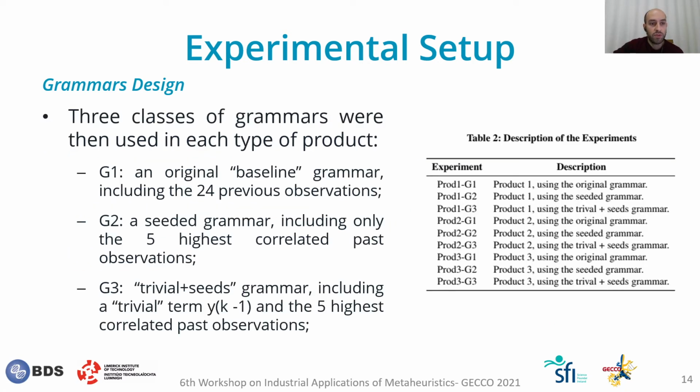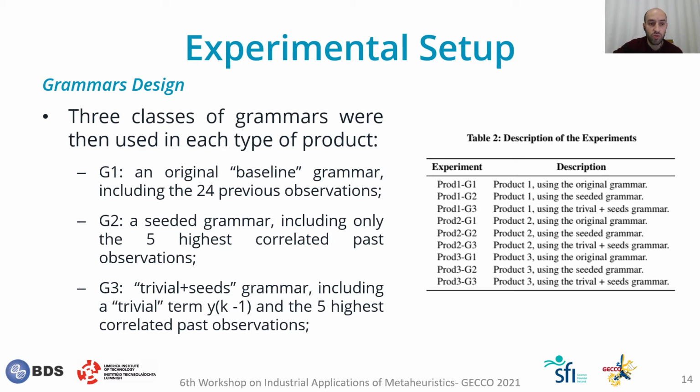So basically we had 3 classes of grammars for each type of product. The grammar G1 was the original or baseline grammar, which would include the 24 previous observations. The grammar G2 was a seeded grammar, including only the 5 highest correlated past observations, as shown in the autocorrelogram.